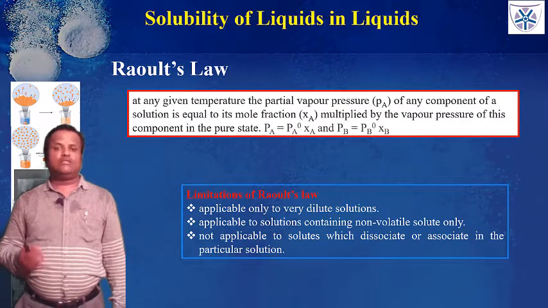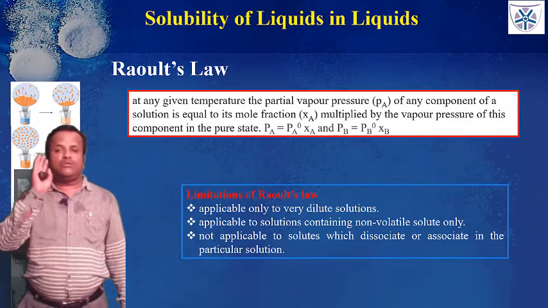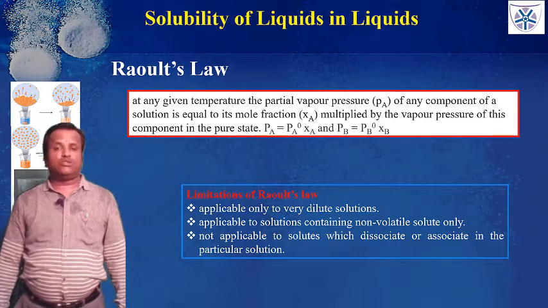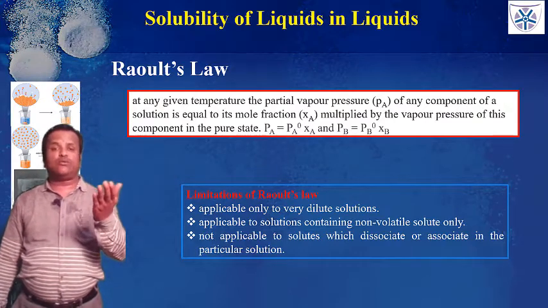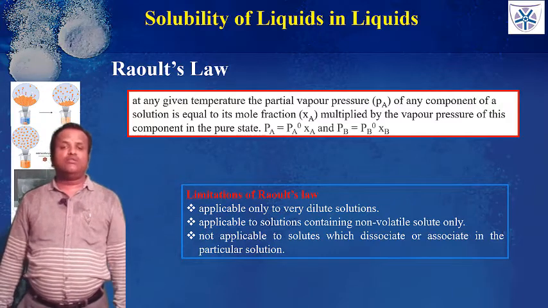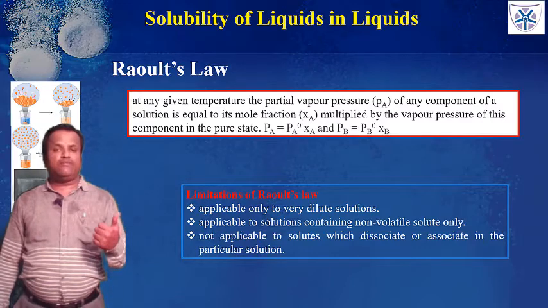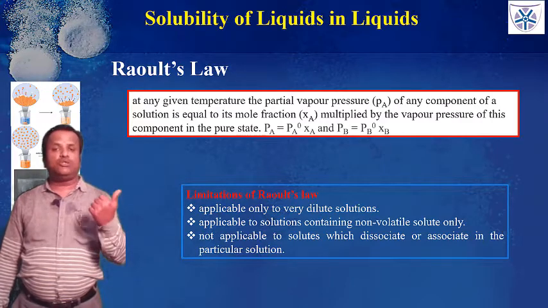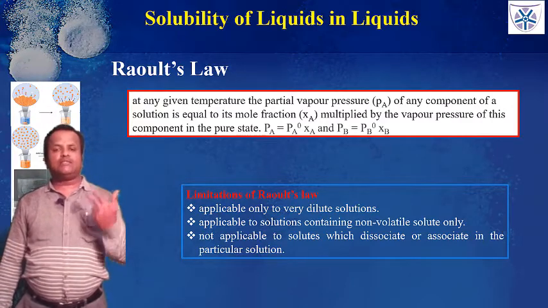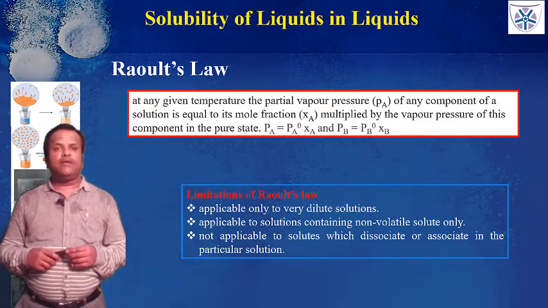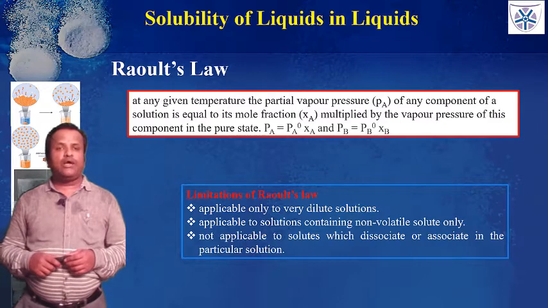Raoult's law has some limitations. What are they? It is applicable only to dilute solutions. It will not be applicable for concentrated solutions, for example concentrated hydrochloric acid. It is applicable to solutions containing a non-volatile solute, where the boiling point is high.